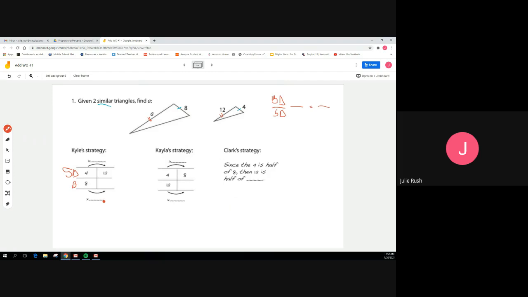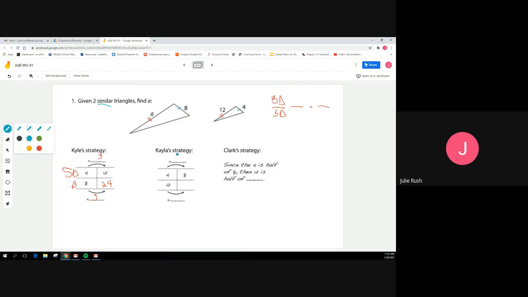And so he said, well, I have 4 and 8, and then the 8 matches up right here, and then 12 matches up with A, so I'm looking for A. And we're looking for the pattern. So what did we do to 4 to get it to be a 12? Well, we multiplied it by 3. So if I do the same thing here, 8 times 3, I get 24. So the length of A should be 24.